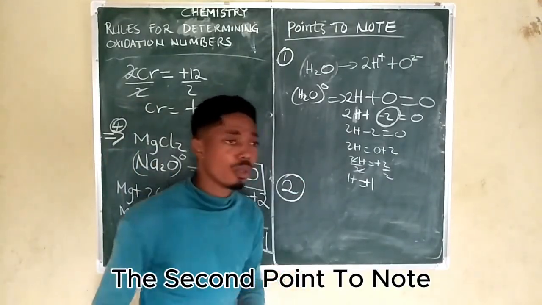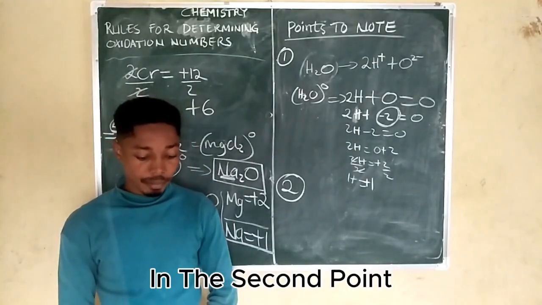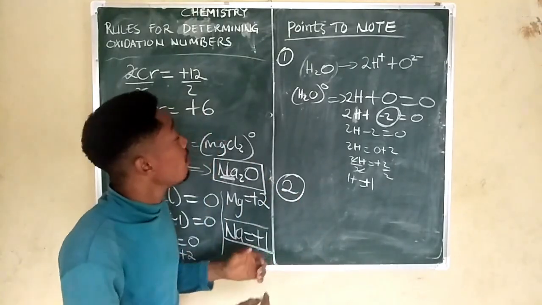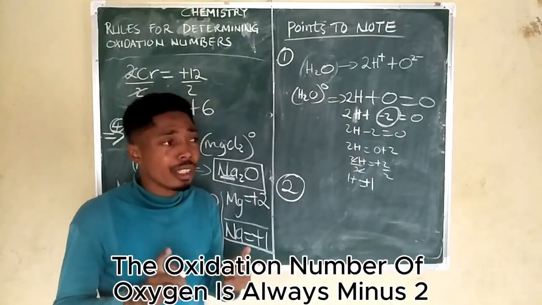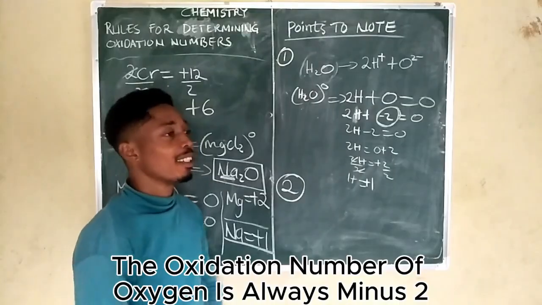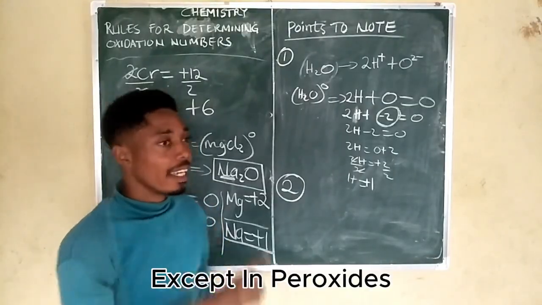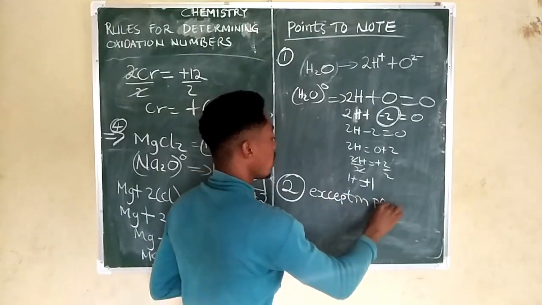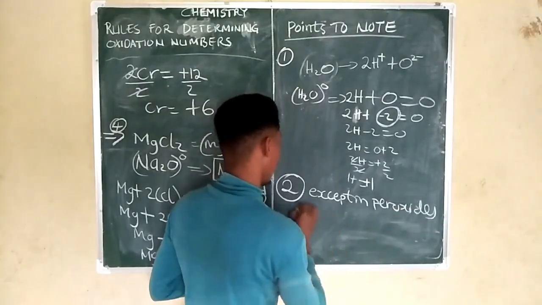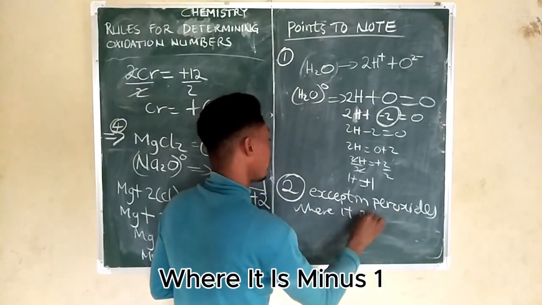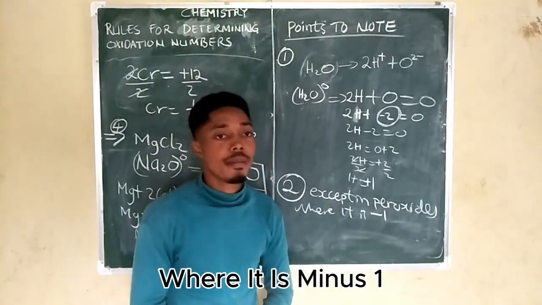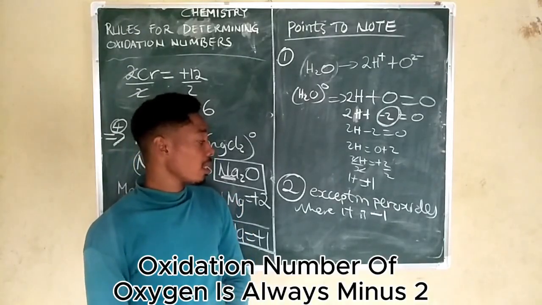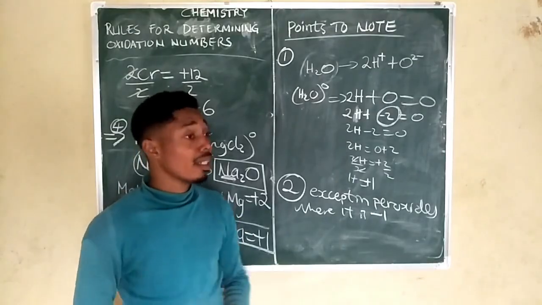The second point to note, which is still part of the rules: the oxidation number of oxygen is always -2, except in peroxides, where it is -1.